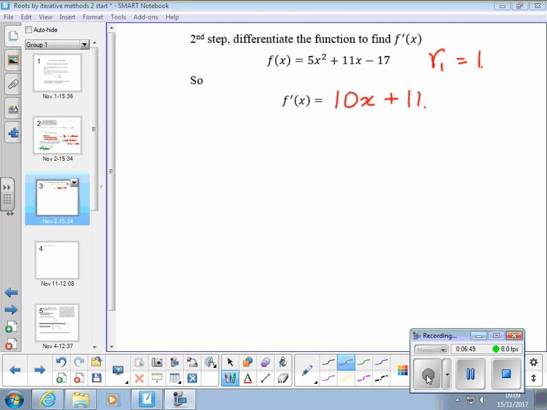Yeah? So, first iteration. Little r1 is equal to 1.